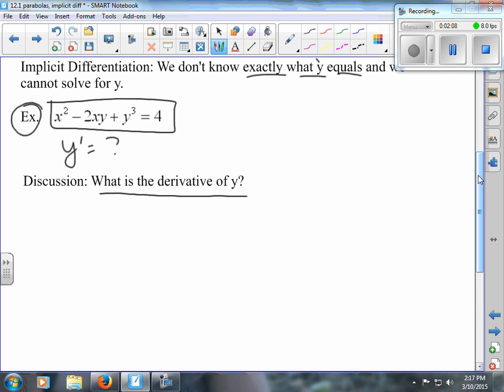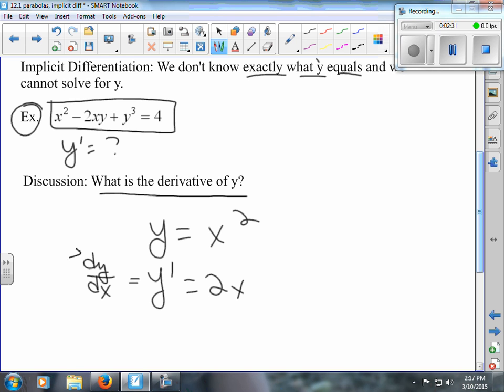Look at what we did earlier. We had y equals x squared. When I did this, I called the derivative y prime equals 2x, right? And that's because it's really important to notice there's a difference between the letter y and the letter x. This y prime also means dy/dx, and this is a good time to think about the derivative as dy/dx.